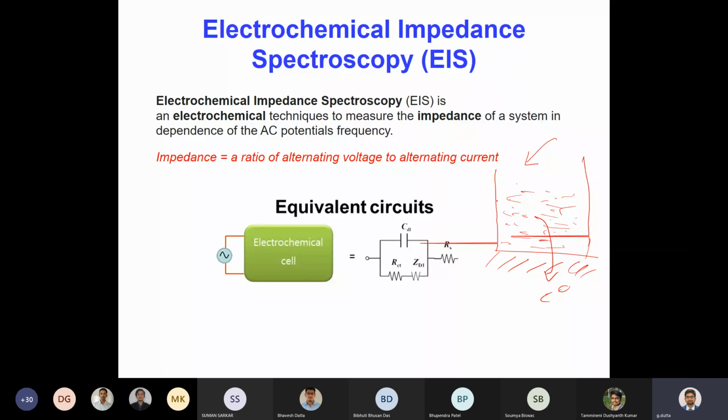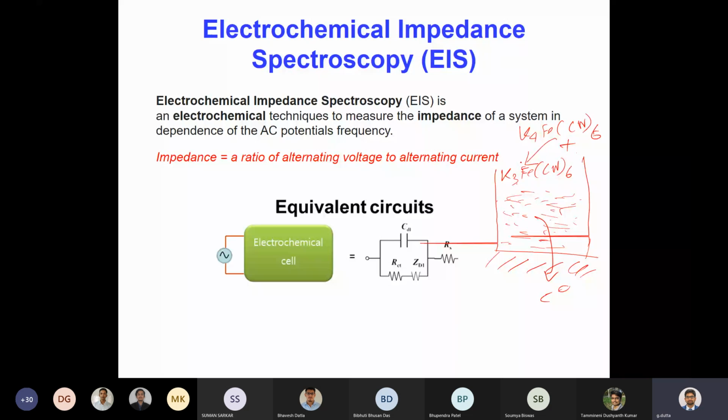So in impedance spectroscopy, in the solution, we use K3Fe(CN)6 plus K4Fe(CN)6. In K3Fe(CN)6, what is the oxidation state of iron?